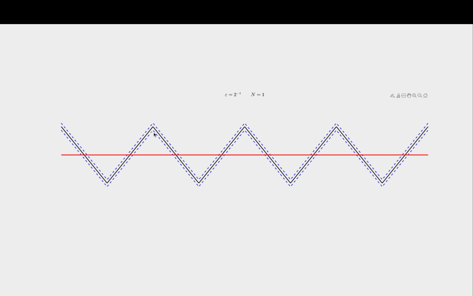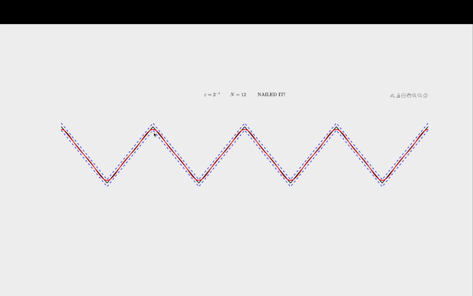And yet, this does satisfy the hypothesis of the uniform convergence theorem. So I should get that these continuous functions converge uniformly. In other words, my entire truncated Fourier series should be contained inside this blue dashed ribbon. And it only took me n equals 12 to get there.